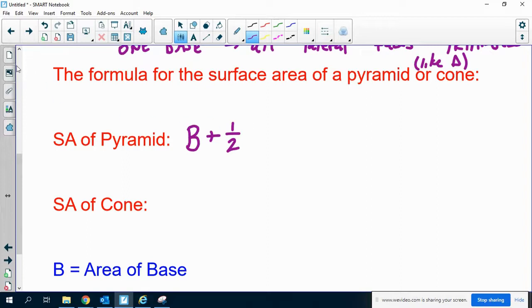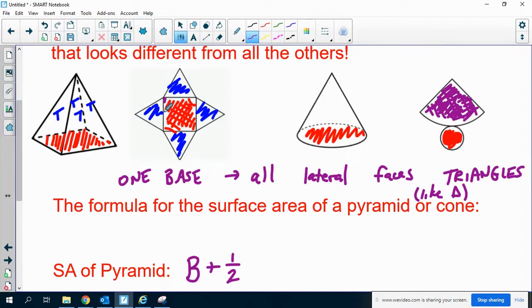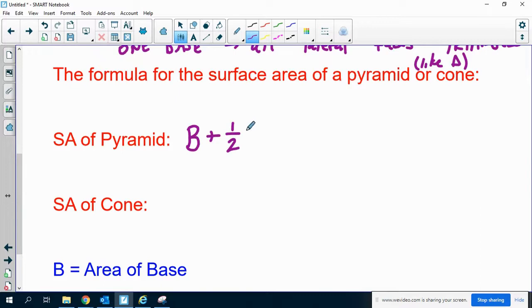So if I add together all of the bases of all of these triangles, notice that all of the bases of all of these triangles end up representing the perimeter of the base. Likewise, over here, the curvy base of this sort of triangle is the perimeter or circumference of the circle. So we have 1/2 perimeter of the base.